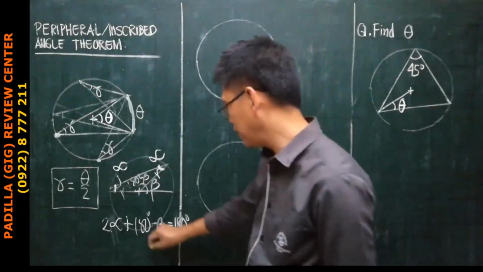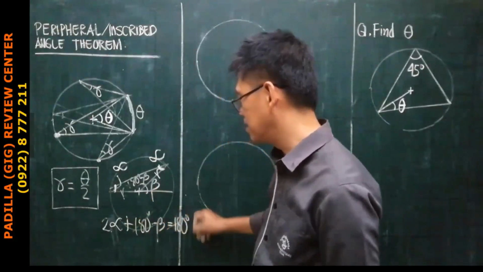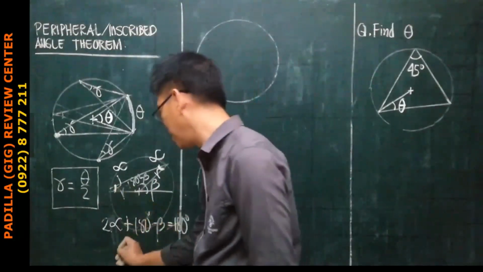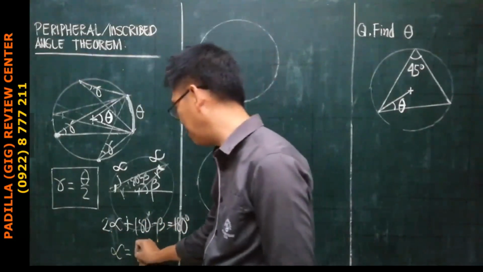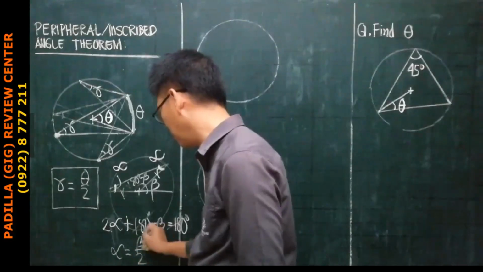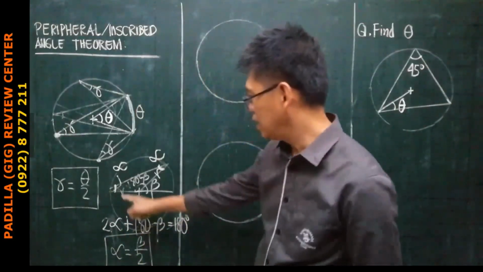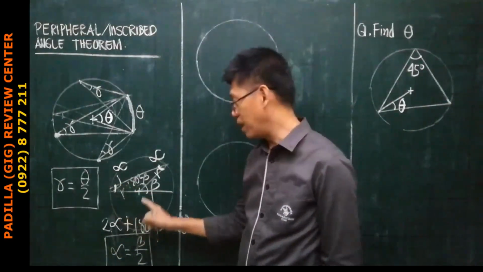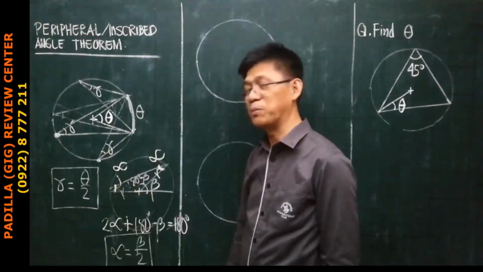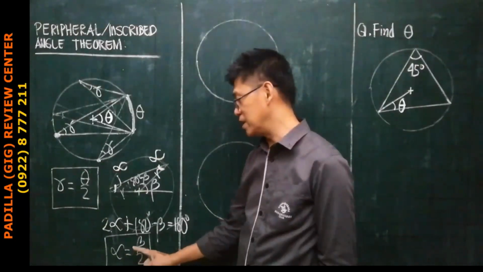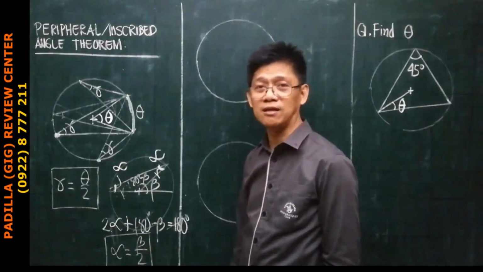Therefore the 180 degrees will cancel. So what is alpha? 2 alpha is equal to beta, so alpha is beta over 2. This angle is one half of beta. Beta is the central angle, alpha is the peripheral angle. The peripheral angle is half of the central angle.